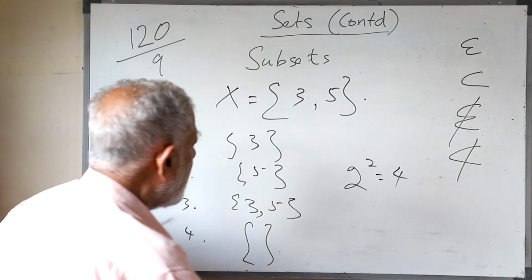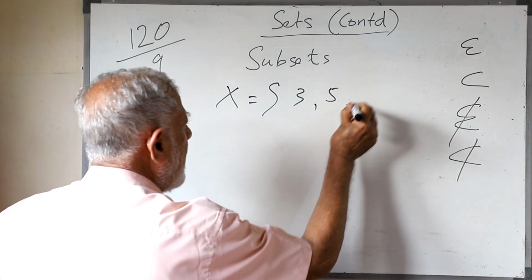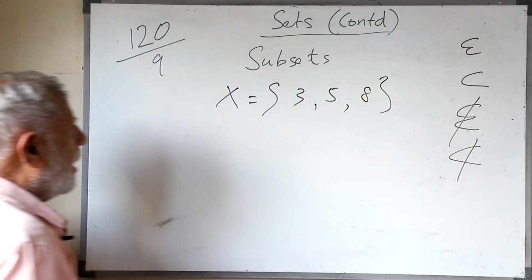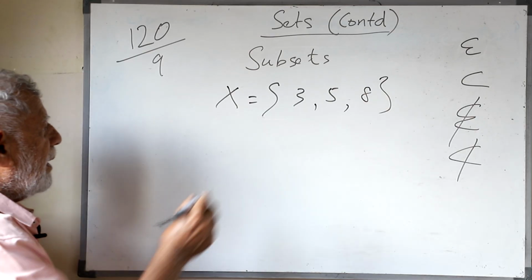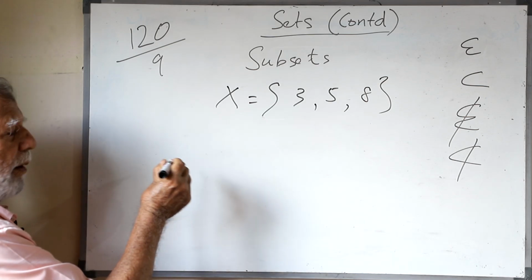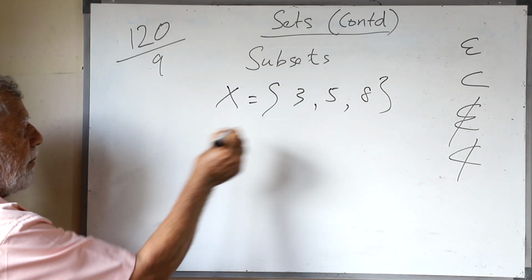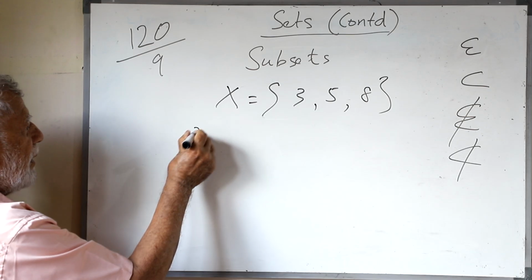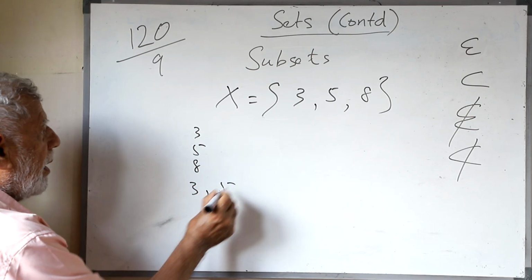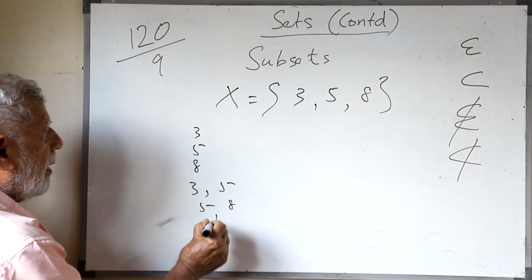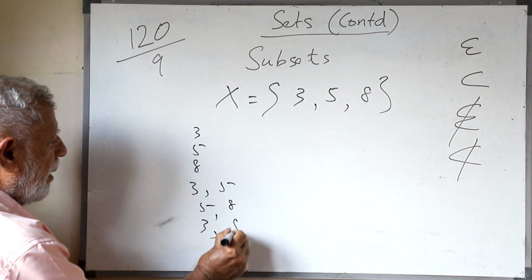Supposing we have another set, X is {3, 5, 8}. Then if we write down all the subsets of X, which has 3 elements, we have {3}, {5}, {8}. Then {3, 5}, {5, 8}, {3, 8}.